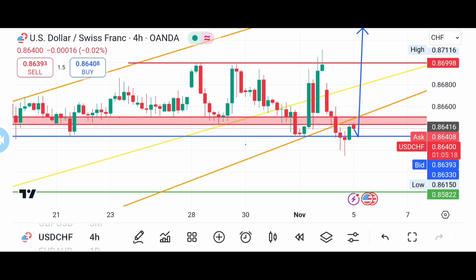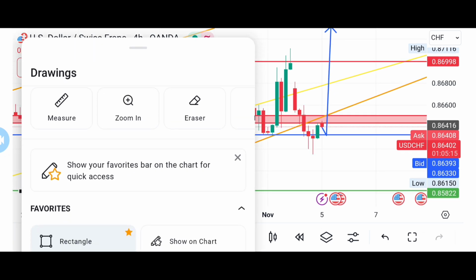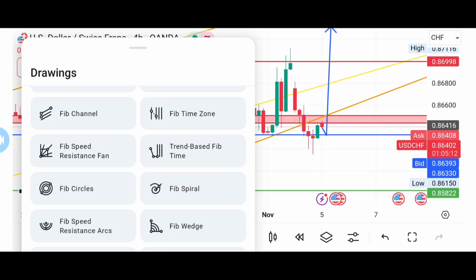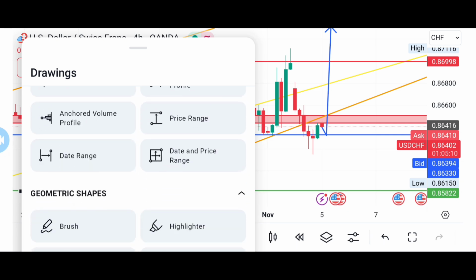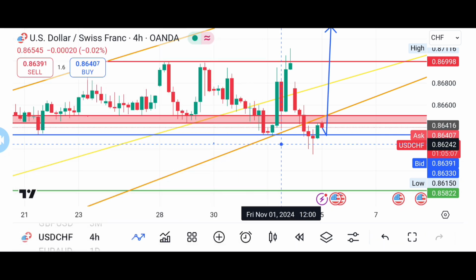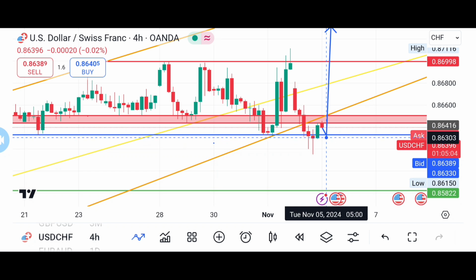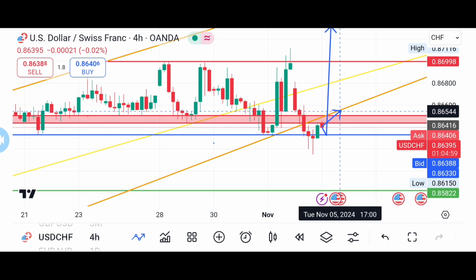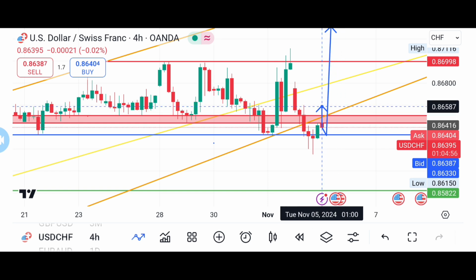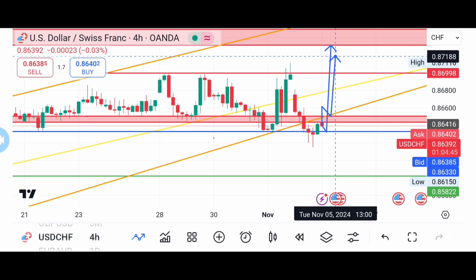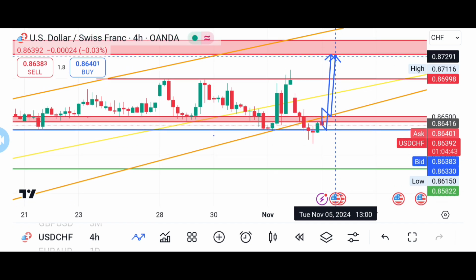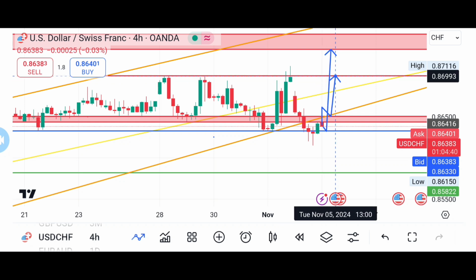So if the market will be able to break this resistance upward and then reclaim this trend line upward and retest it like that, I'll be able to buy to TP up to here. Now my TP1 will be here.